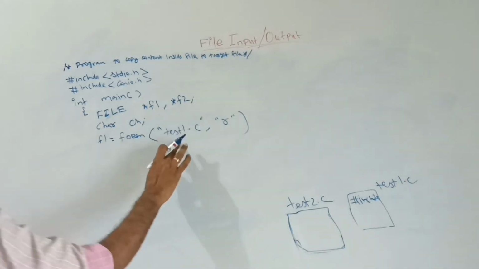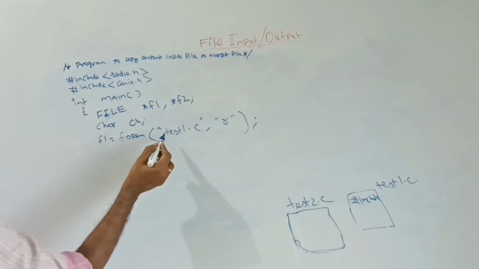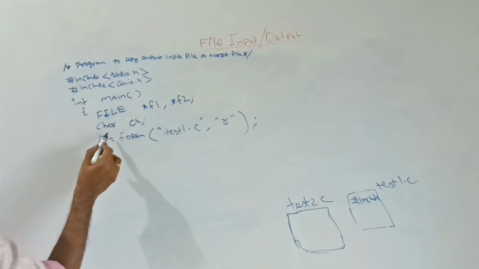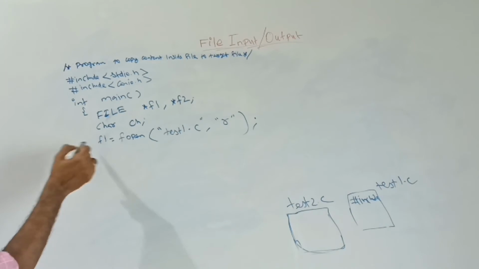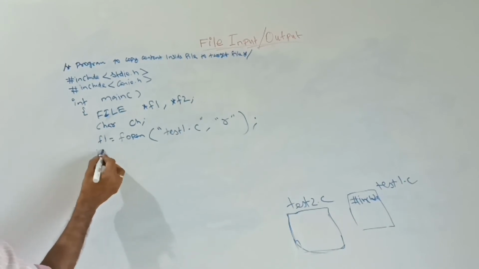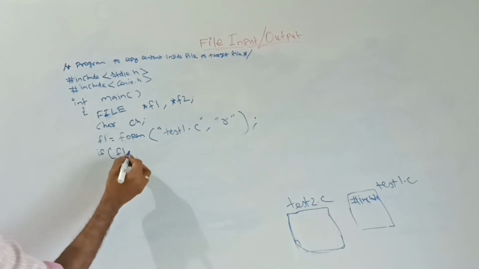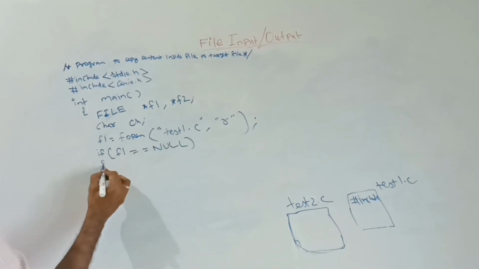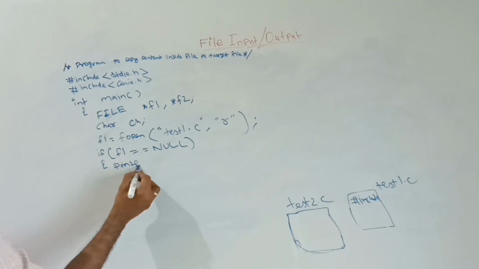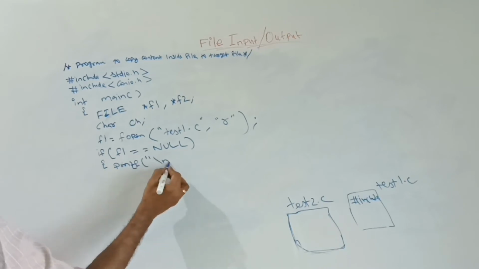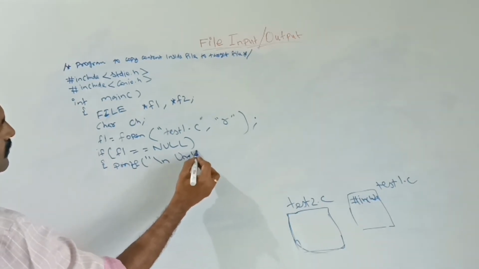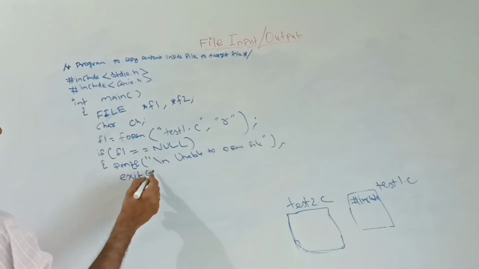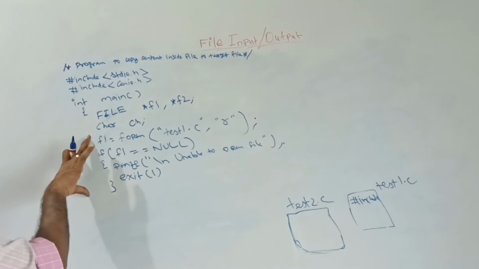Here test1.c in read mode. Suppose it is not able to open, then a null value will be assigned to f1. So here I am checking if f1 is equal to null, then I am telling it to print unable to open file, and exit. This first file I have opened.